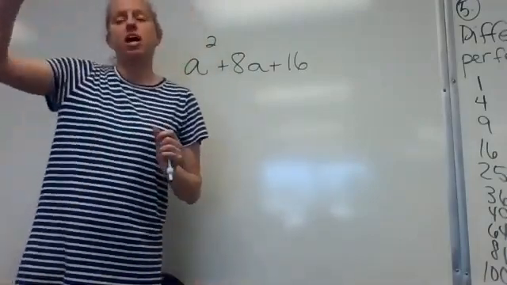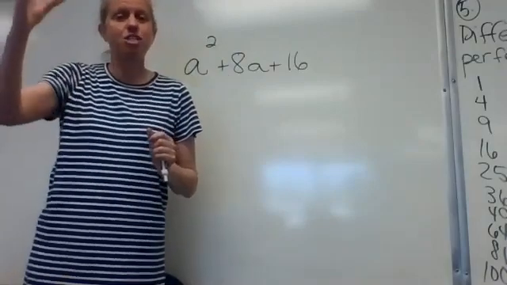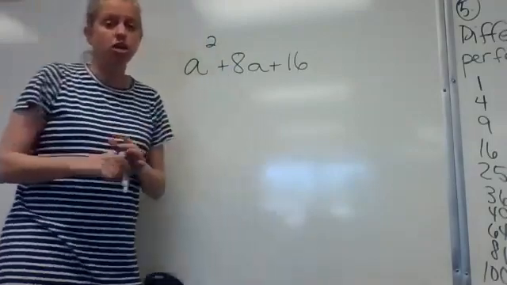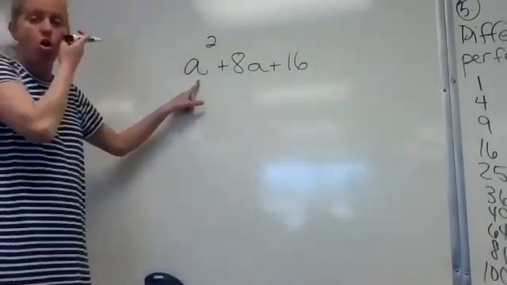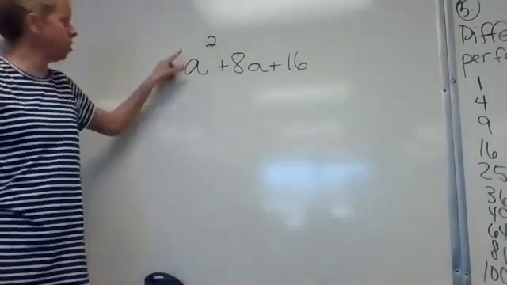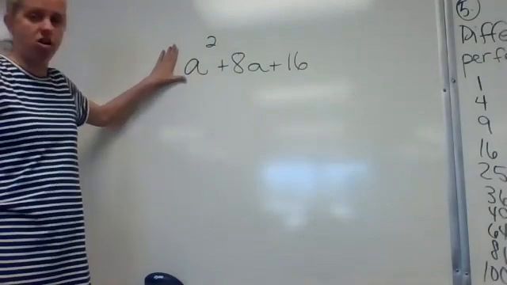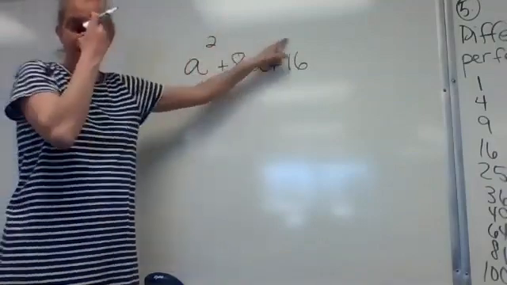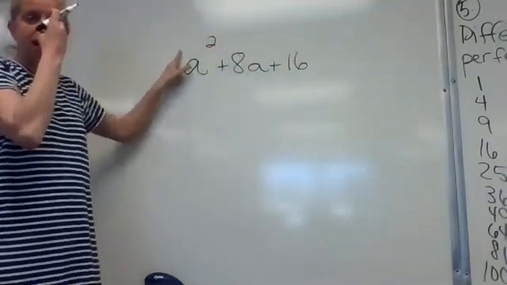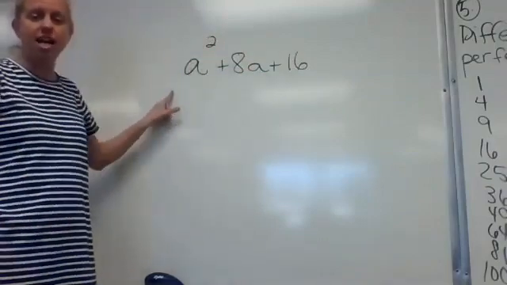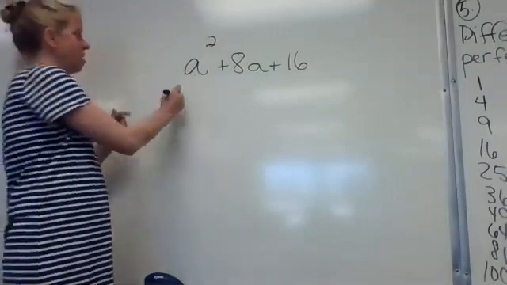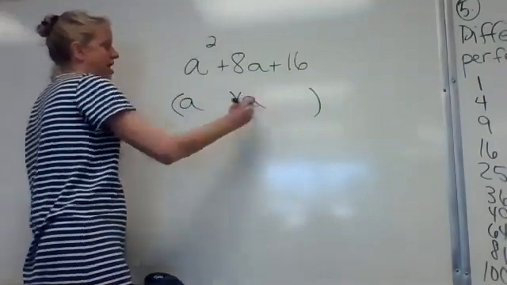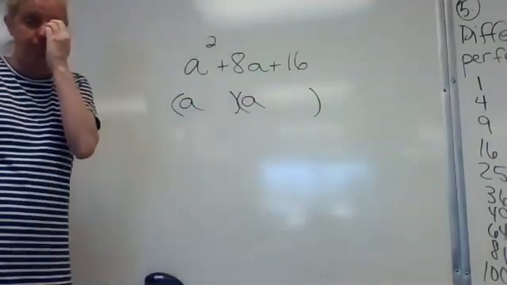There was either the kind that starts off with just a squared, which is what this is, which makes it the good kind, the short method, or there would be a number in front of a squared, which is the long method. That's what tells you you have to multiply your outside numbers together, if you see a number right here. So since I don't, I know I can automatically jump to A and A.